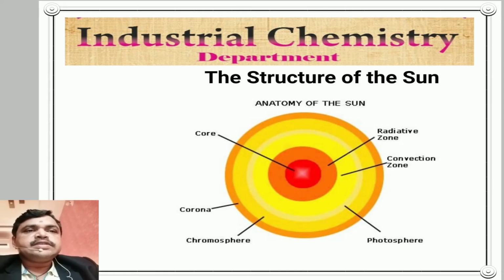This is the sixth part or layer of the Sun. We also study two other matters: one is sunspot and one is solar flare.